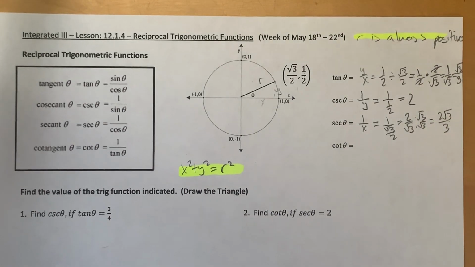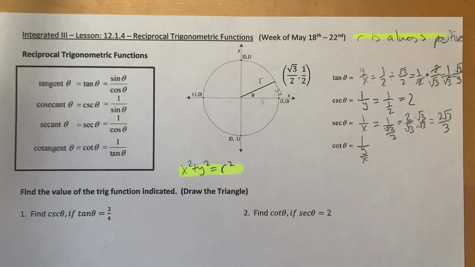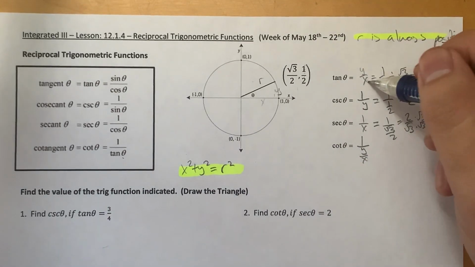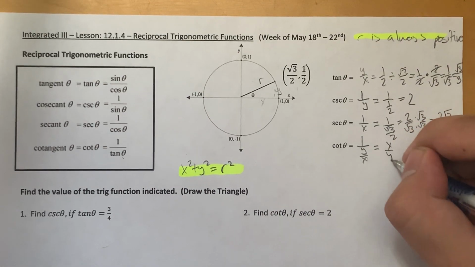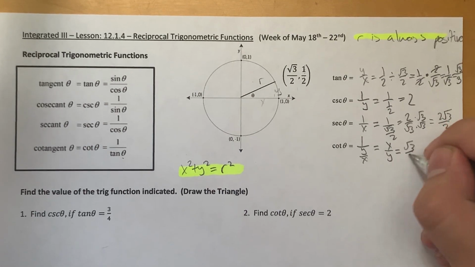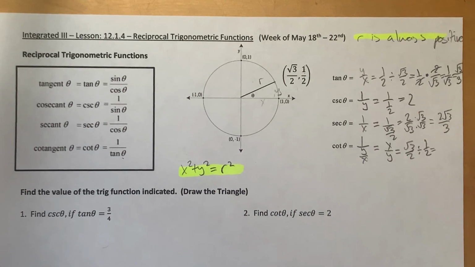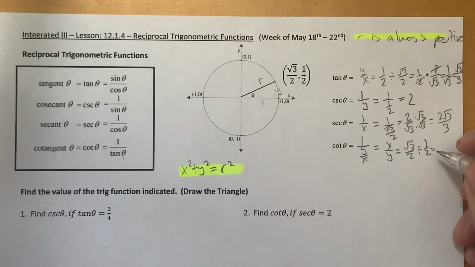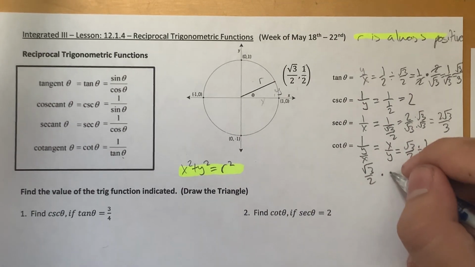So cotangent of theta is 1 over tangent theta. Tangent theta is y over x, right up here. So then we can just say x over y, which would equal √3 over 2 divided by 1/2, which is √3 over 2 times 2 over 1.